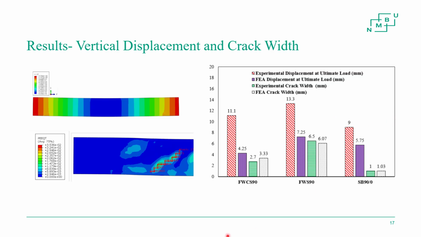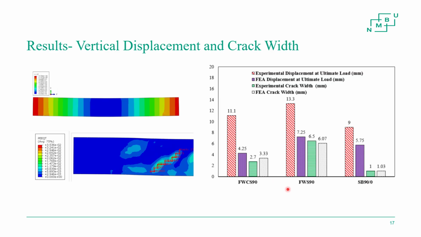In this case, for the three models, the first column depicts the experimental displacement at ultimate load. The second column is the numerical analysis displacement at ultimate load. Then we have the experimental crack width, and the fourth column depicts the crack width from the numerical analysis.